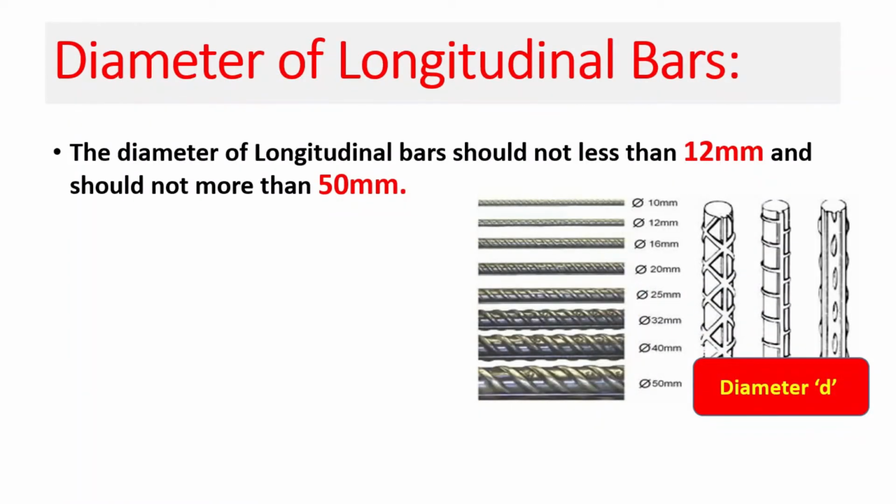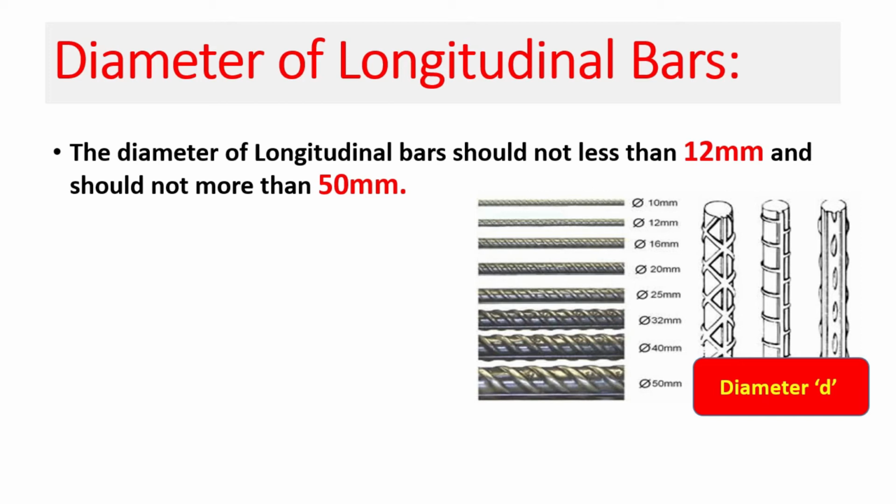The fourth parameter is the diameter and size of longitudinal bars. When we talk about the diameter of longitudinal bars, we have several variations and different sizes of bars available in the market. But for longitudinal bars, the minimum size of steel should not be less than 12 millimeter.